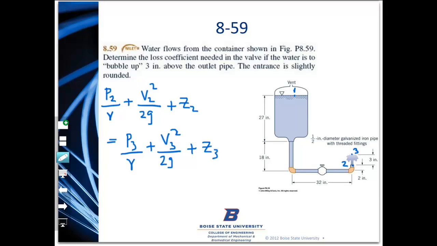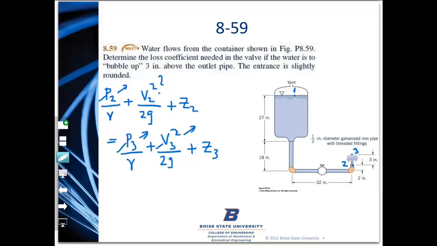Yes, you might be wondering why there are no head losses. The reason is there is no pipe between 2 and 3. Okay, and you can see that P2 is 0, P3 is 0 gauge, right? And V2 is what we are after.